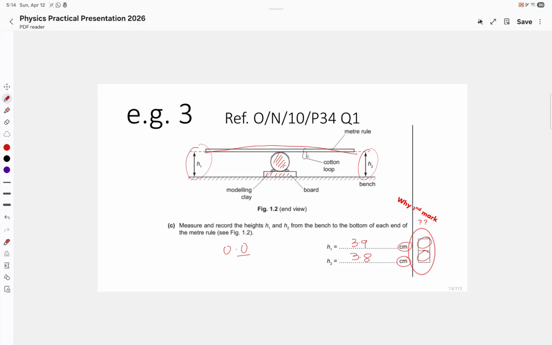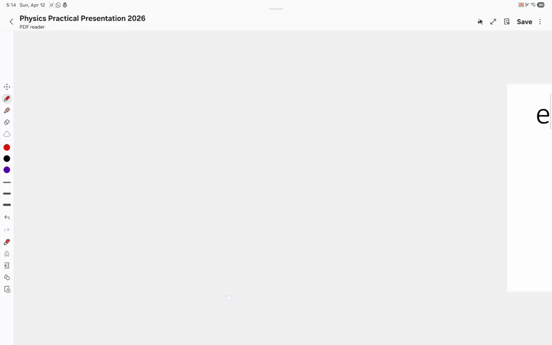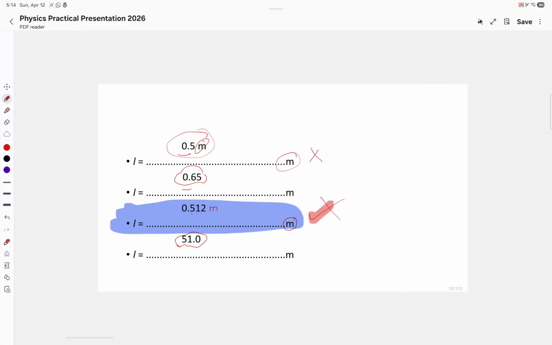So these are some of the examples from which you may have learned how to write down the answers when measuring, first measuring the length and then writing the answer.